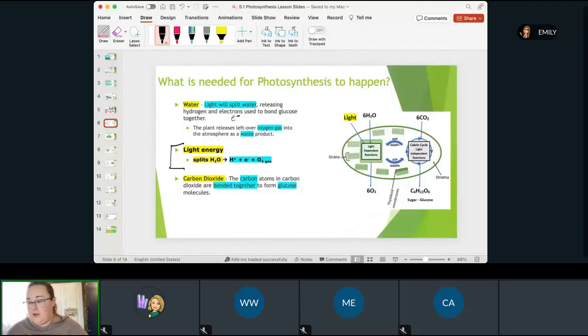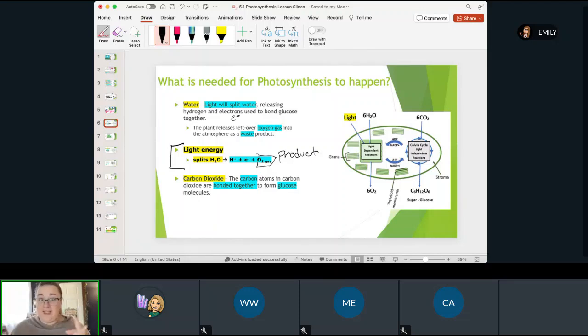So here is our first product. That light energy splits up the water, and we have hydrogen, electrons, and then oxygen gas. The plant releases this oxygen gas back into the atmosphere as a waste product. So this is where it gets really cool.